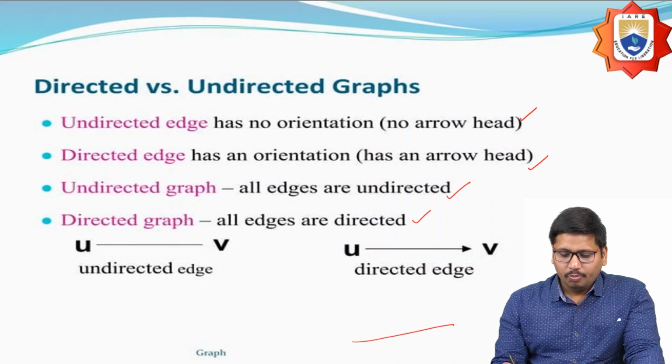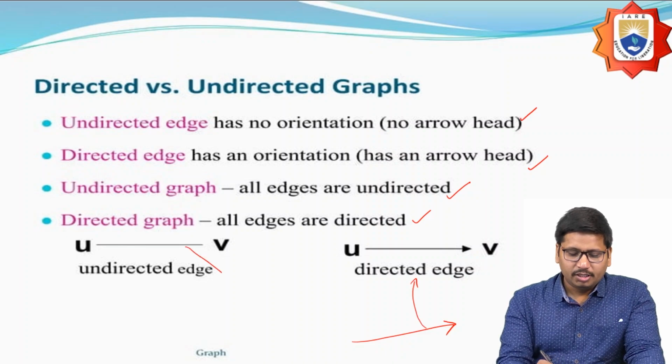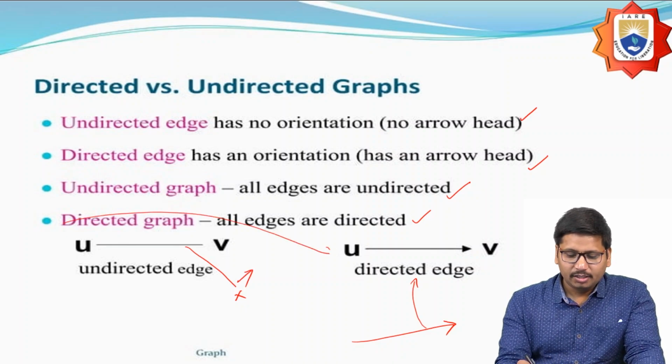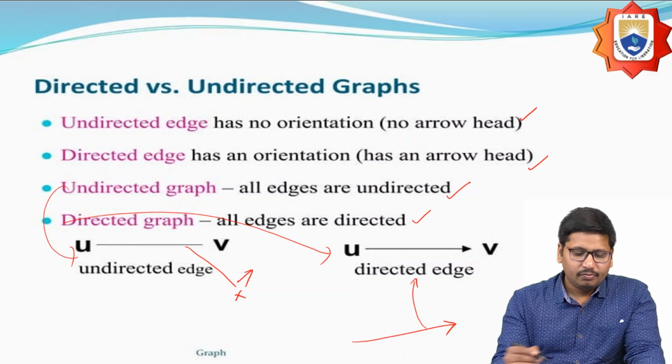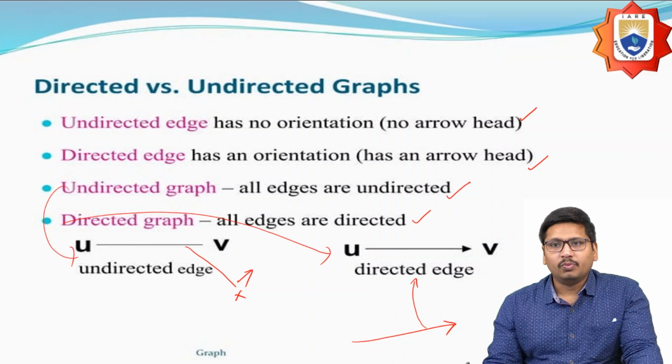If an edge has a direction, it is treated as a directed edge. If an edge does not have any arrow, it is treated as an undirected edge. Similarly, the graph with directed edges is called a directed graph, and the graph with undirected edges is called an undirected graph.